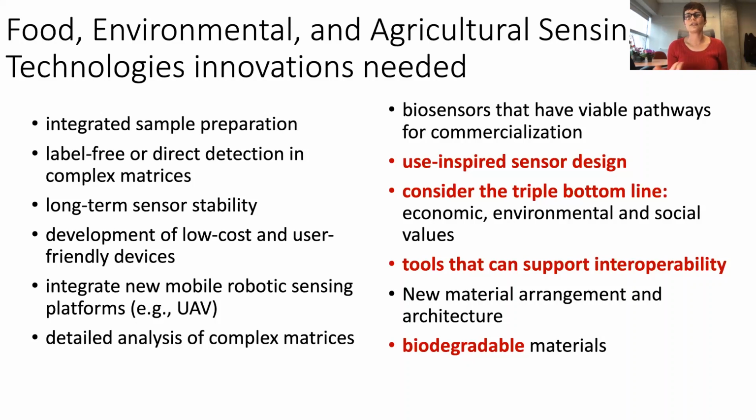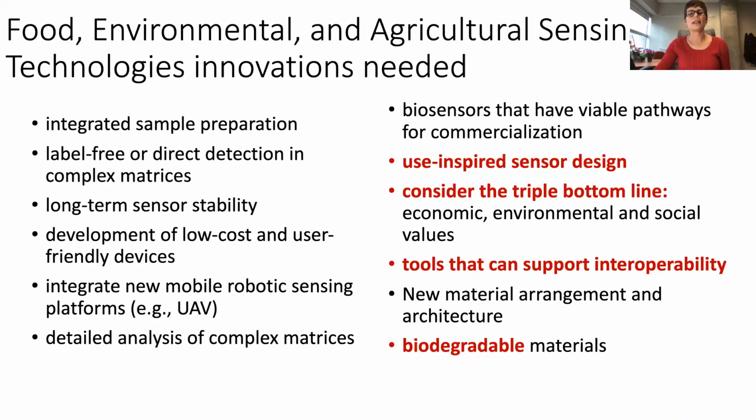Tools that can support interoperability. When I say that, I mean that if you're developing a sensor for the production side of things, ideally whatever data you collect from the sensor is translatable to somebody at the next level of production, in the processing plant.